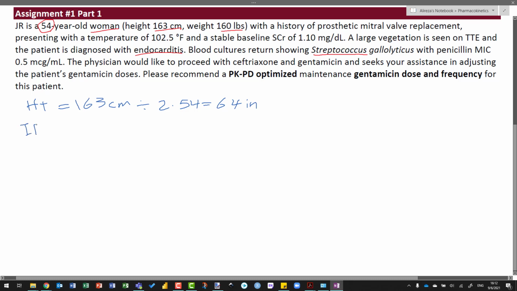Remember this is a female, so it is 45.5 plus 2.3 times 4, because 4 inches above 60 inches, which gives you 54.7 kilogram.